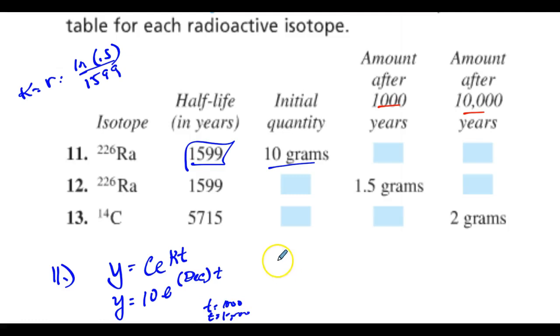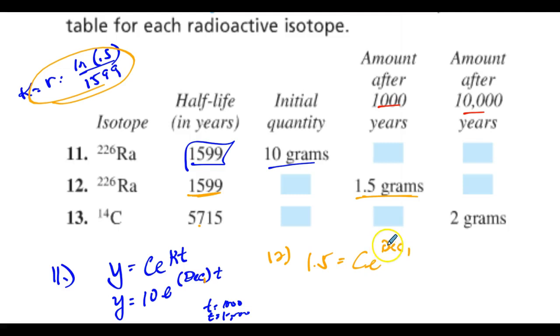For number 12, this time they gave me the amount after 1,000 years is 1.5. So 1.5 is equal to Ce^(the same rate), this guy. I'll just say that decimal again. Let's call it decimal 1, because it looks like decimal 2 is going to change in number 13.